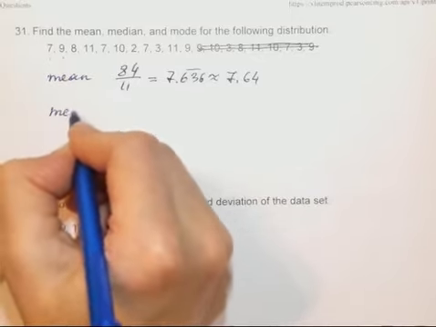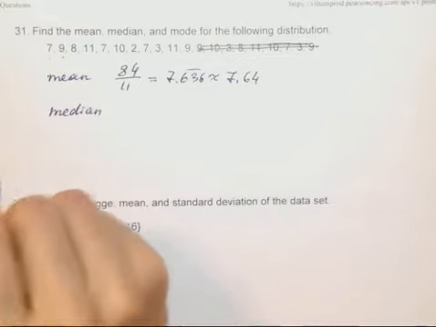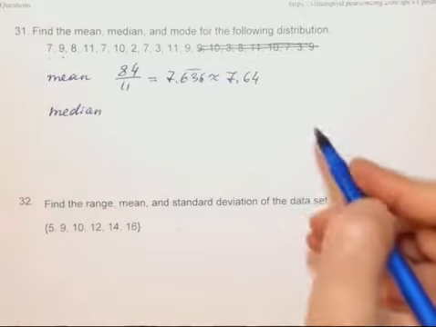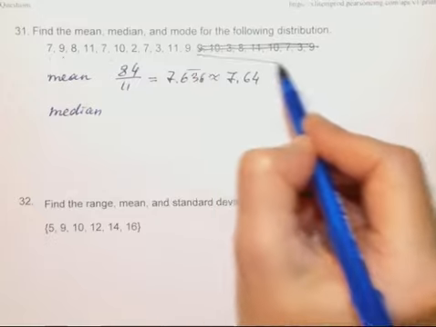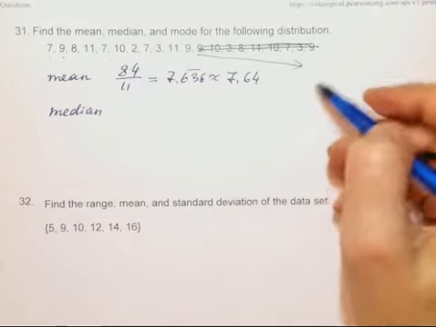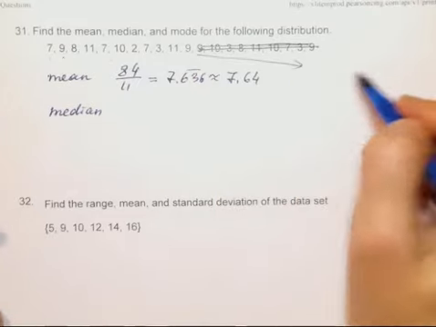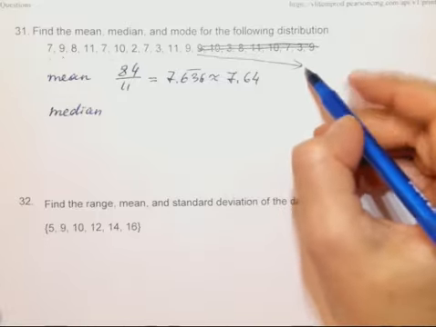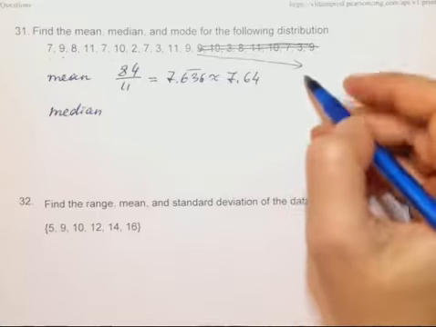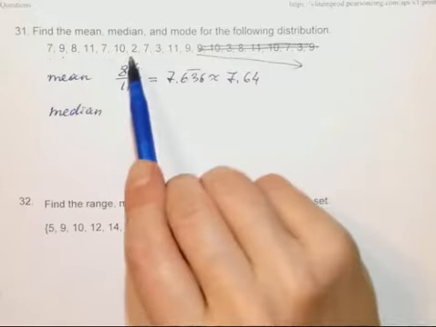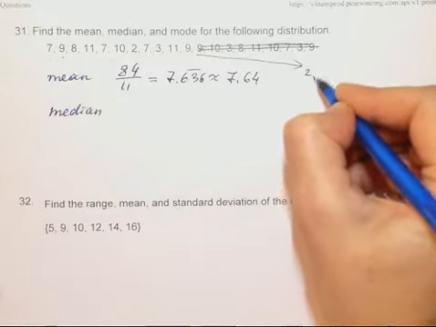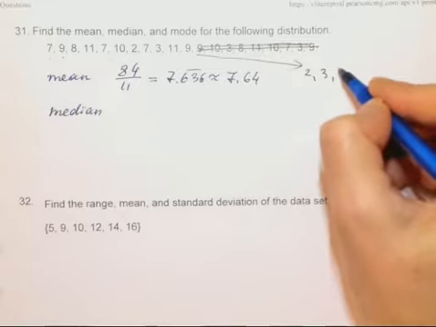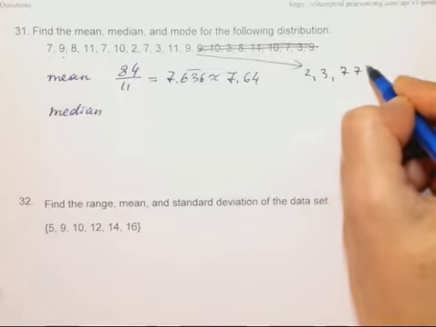Median. To find median, we first have to rewrite this set in descending or increasing order. So be careful, don't skip any number. So 2, 3, 7, 7, 7.